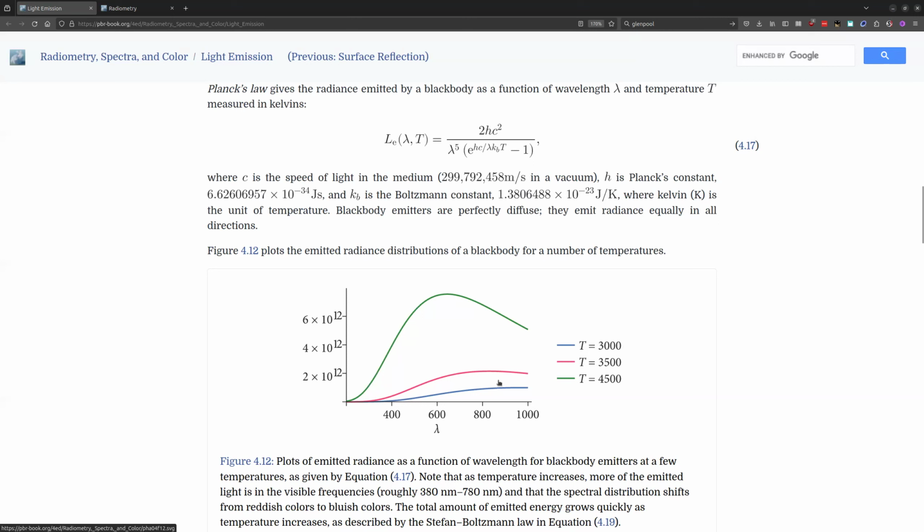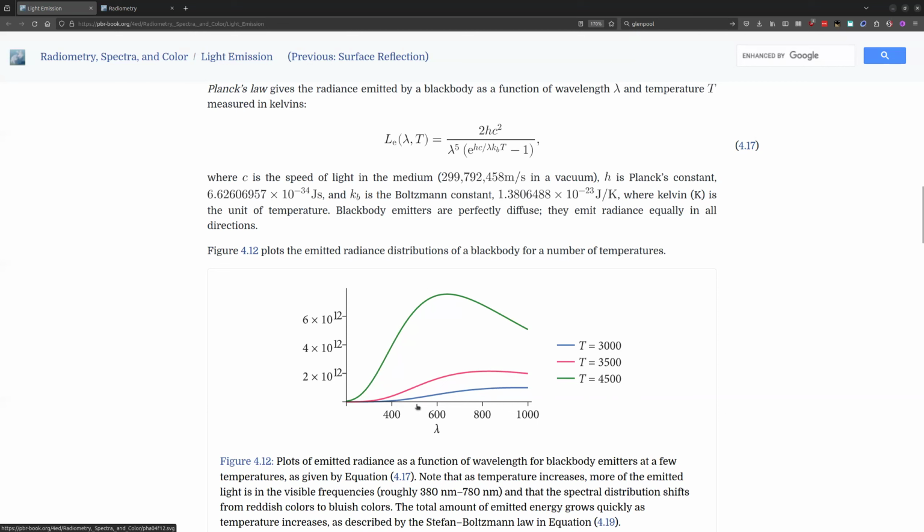And at 3,000 Kelvin, it's significantly further to the right because that's the higher wavelength. That's more infrared. And I bet the shape of this curve is similar, where it has a peak, but we can't see the tail of it because it gets cut off.